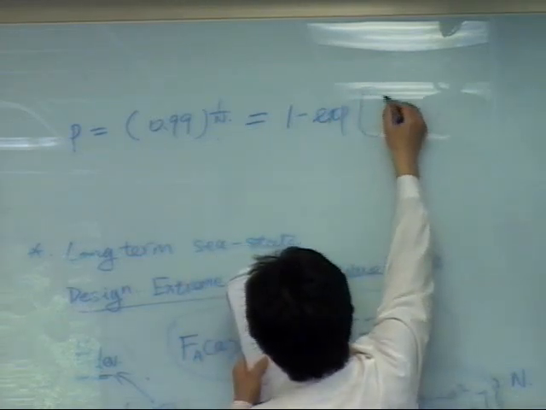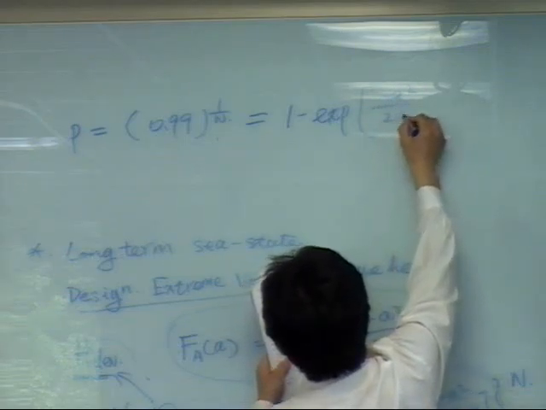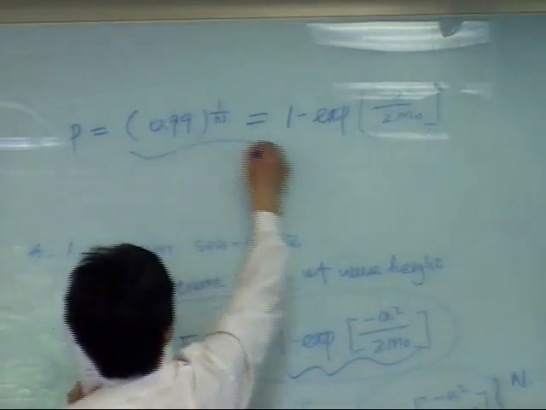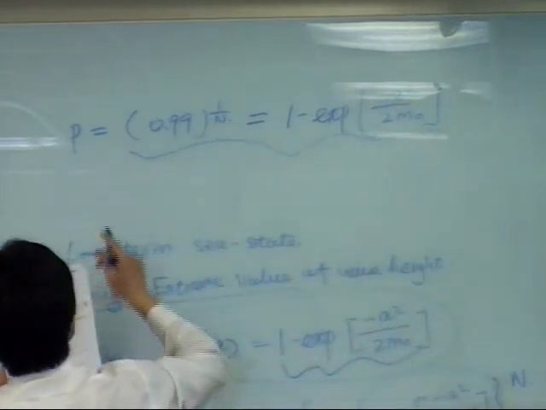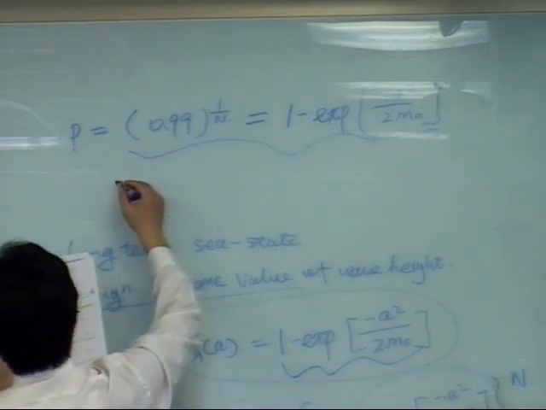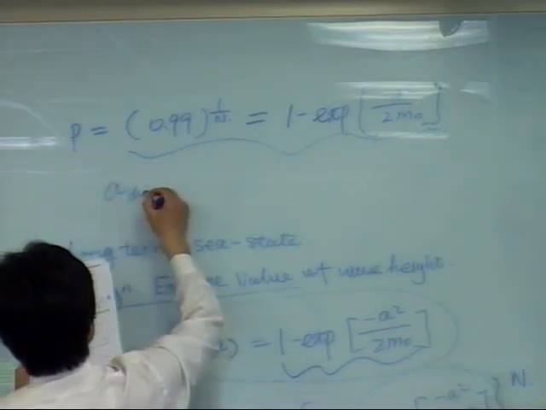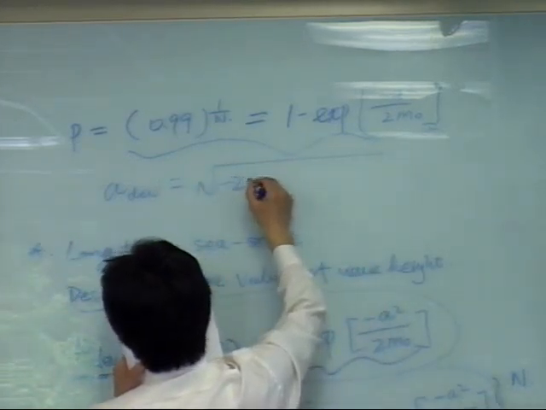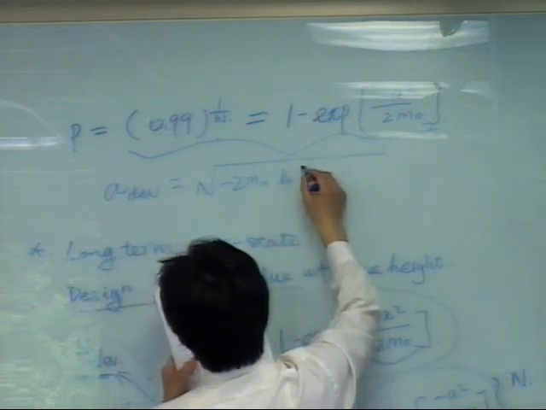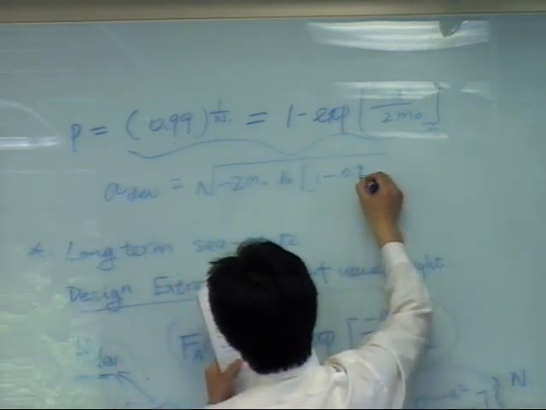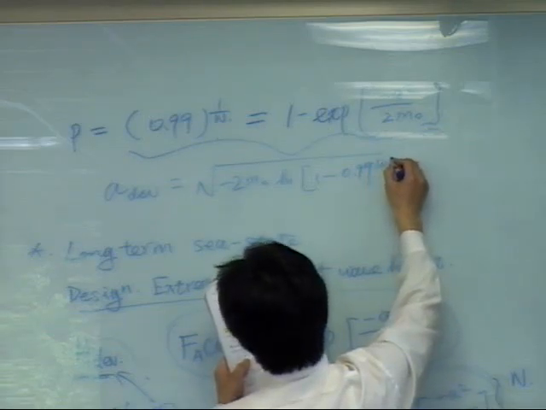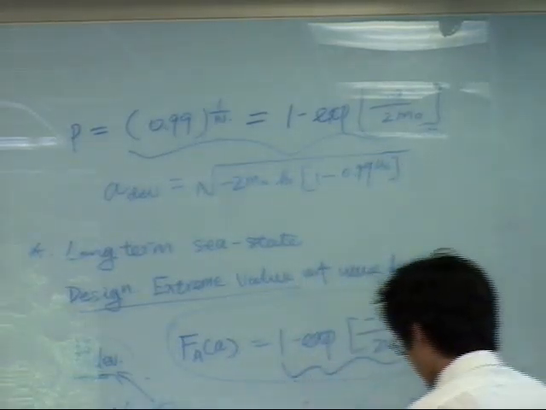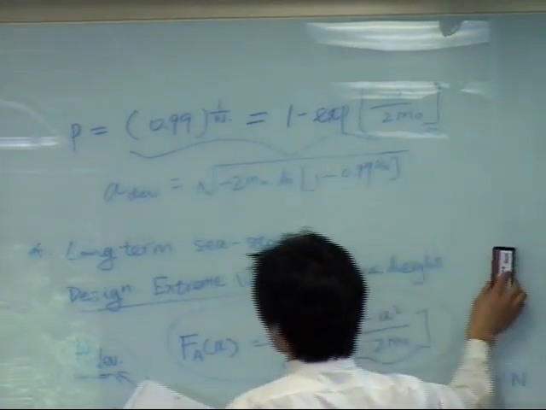So if we solve for A, what we end up is A, this is the design value we want, amplitude. Okay, we end up with this design value.